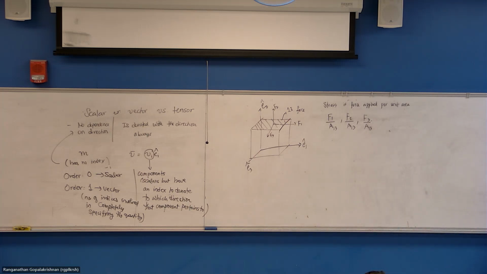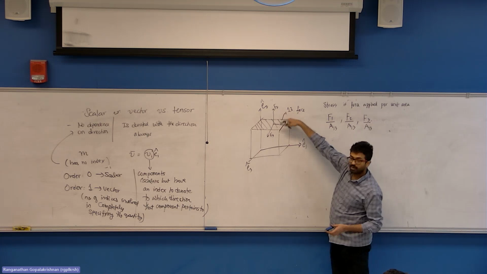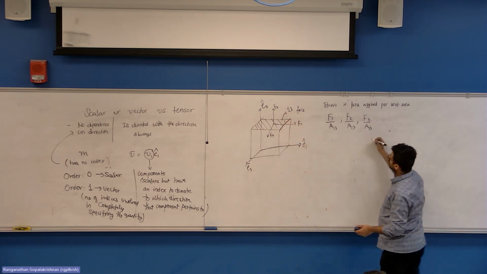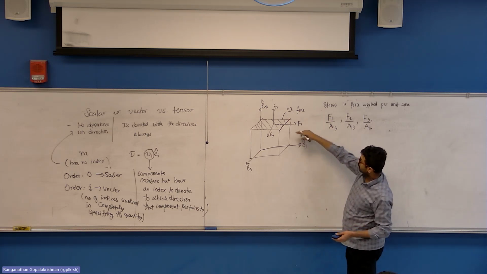Right? One of these is a normal force, two are tangential forces. You know this. So we'll take this F1 divided by A13, which is a shear force.